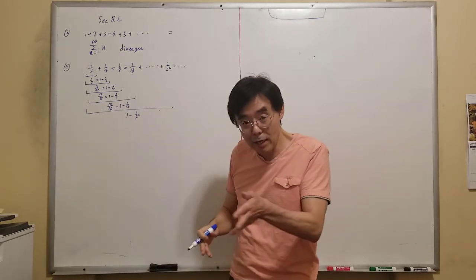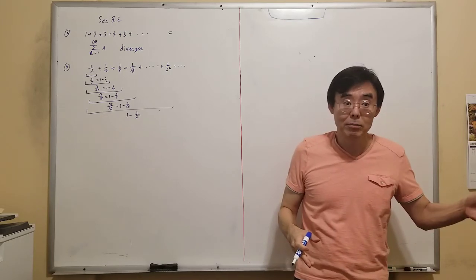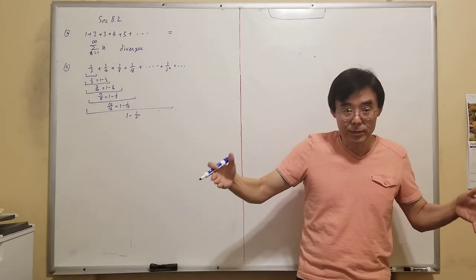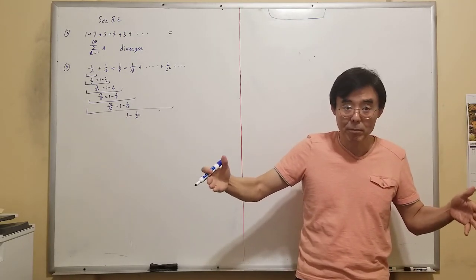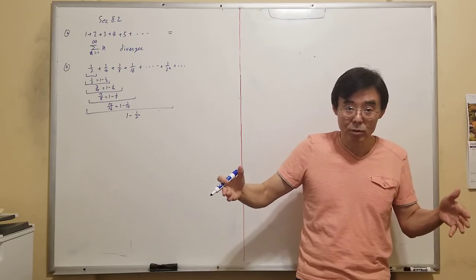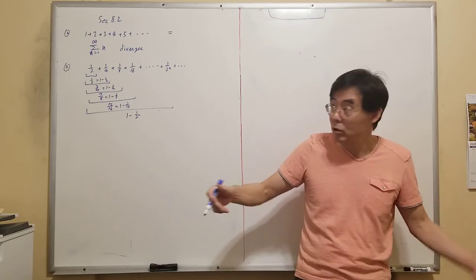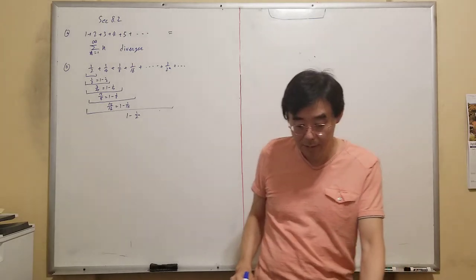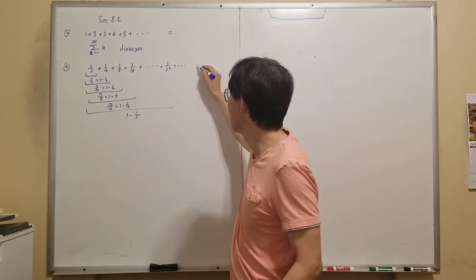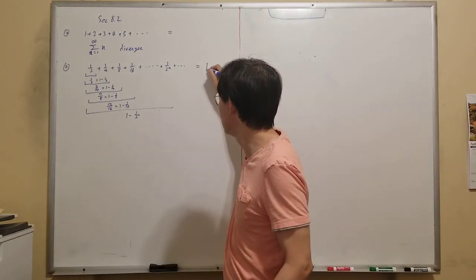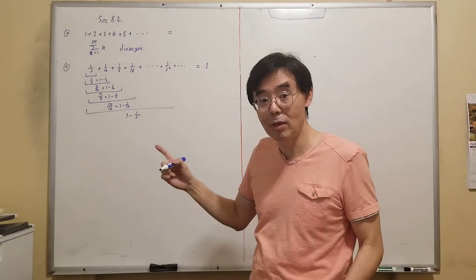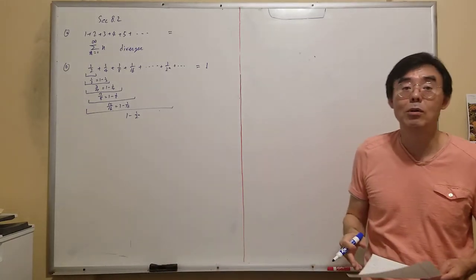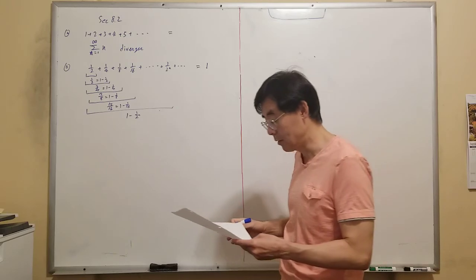So in this case, as you add more and more terms, the running total is approaching 1, right? In that case, we say that the sum of this infinite series is 1. Obviously, when you have a finite sum of an infinite series, we call it a convergent series.